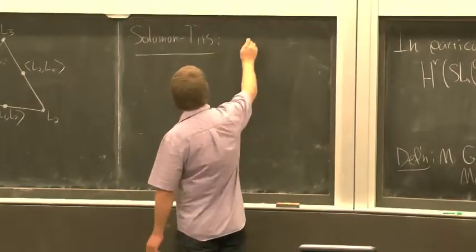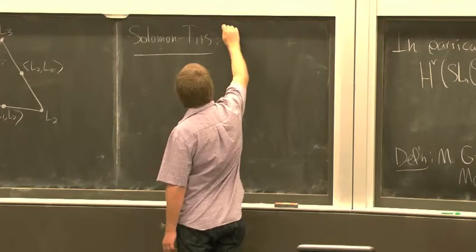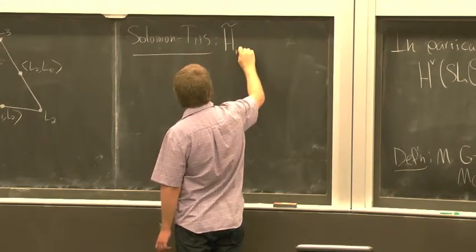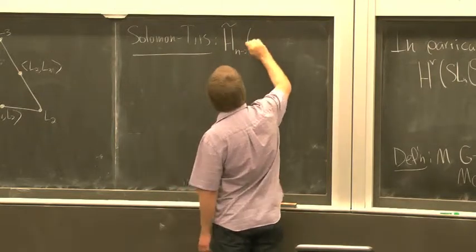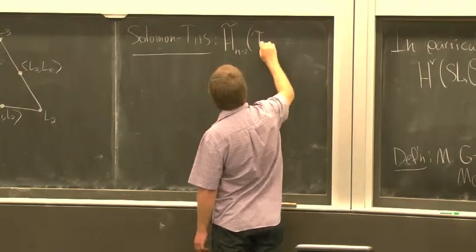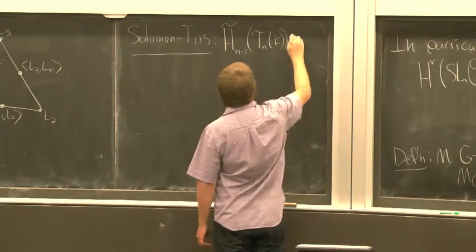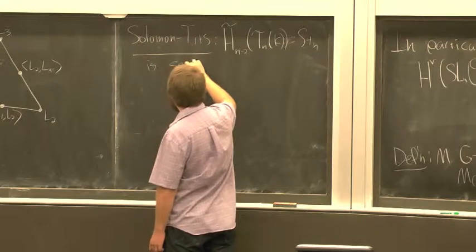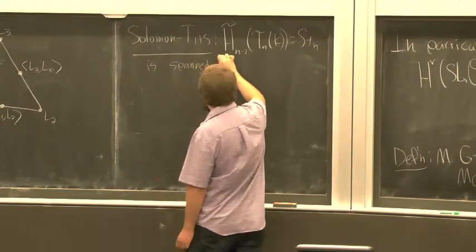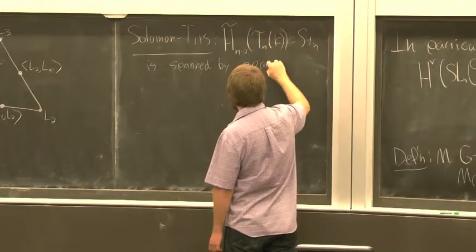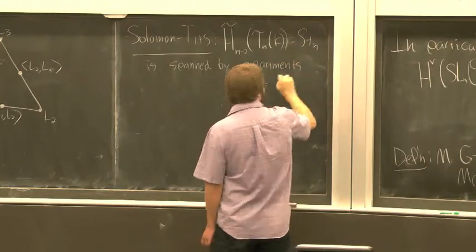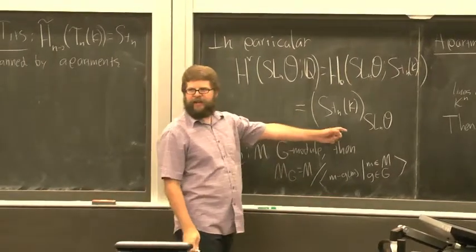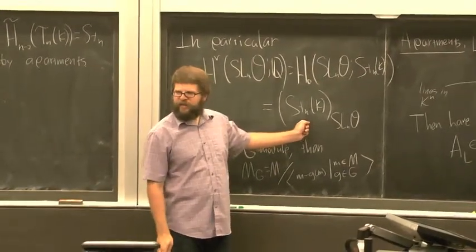The homology, H n minus 2 of this Tits building, is the Steinberg module. So the Steinberg module is spanned by apartments. Okay, that's great. So if I want to calculate these coinvariants, I just need to show how to kill off any given apartment. Now that's not as easy as you might think.